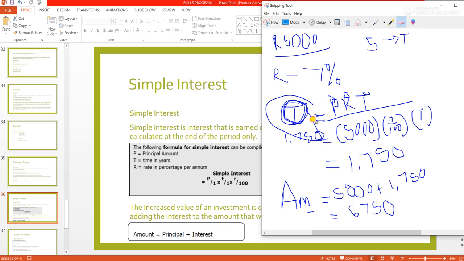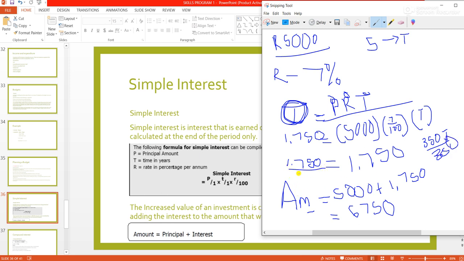So we have 5,000 times 7 over 100, which gives you 350 T, equals 1,750.